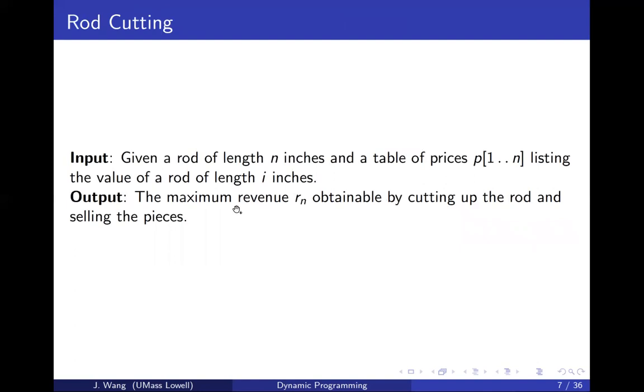All right, so now let's look at a few more examples. This is rod cutting. Let's look at the description of the problem.